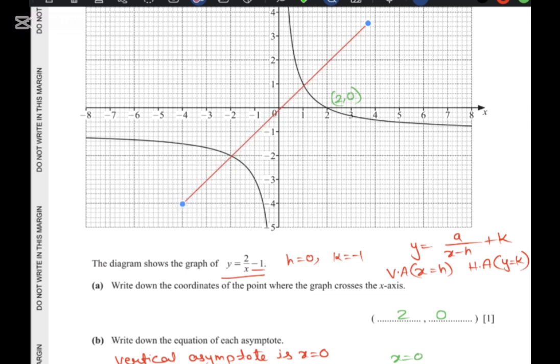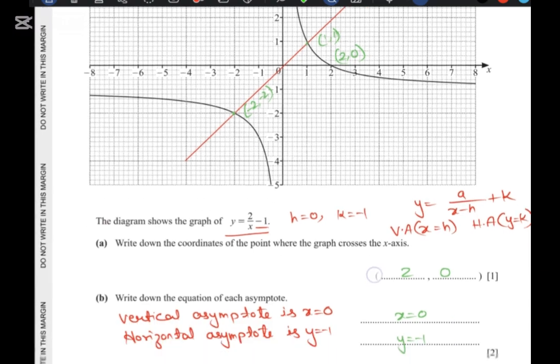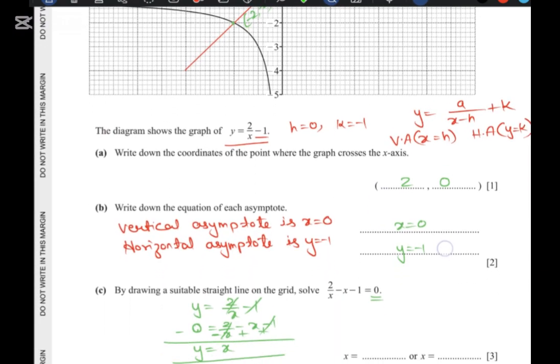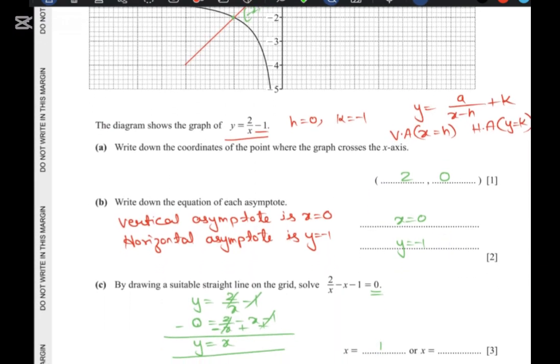Now check where it is cutting. Here it is cutting at 1, 1, and here it is cutting at -2, -2. So what are the x coordinates here? The x coordinates are 1 and -2. This is done.